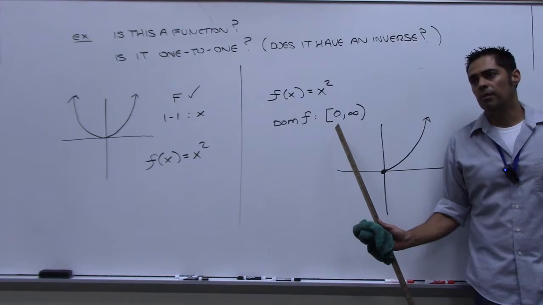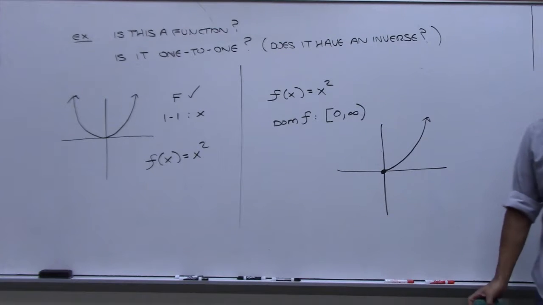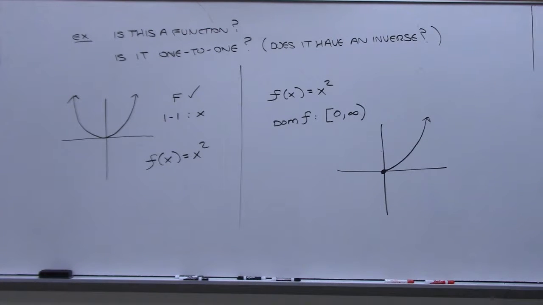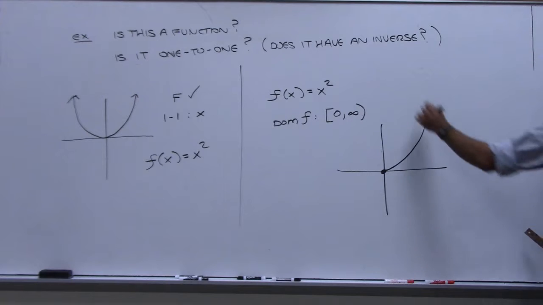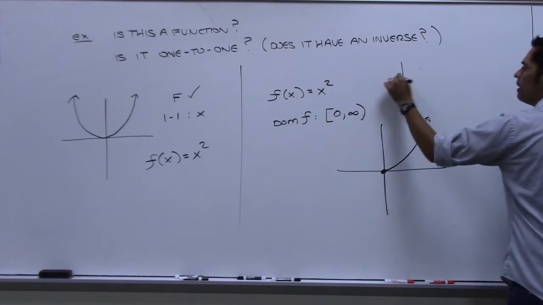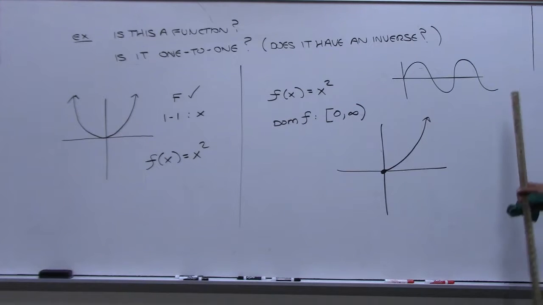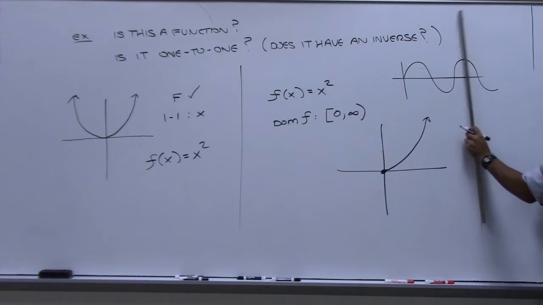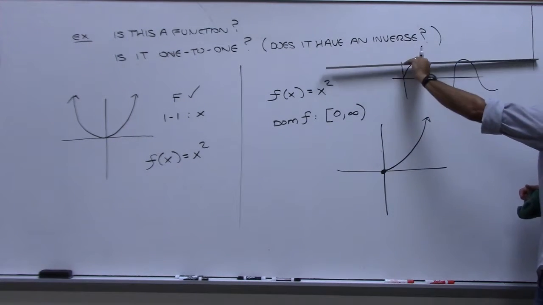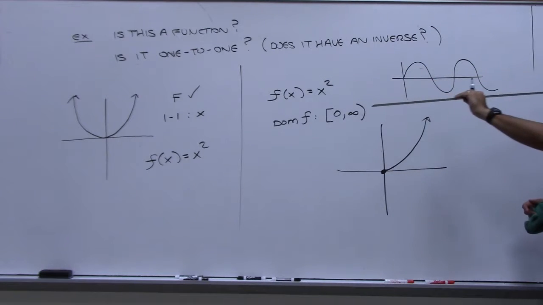All right? That's going to come up in pre-cal. And I know some of you have already seen the sine and cosine functions in high school perhaps. This is beyond this class, but in pre-cal you study these sine waves. And these are all functions. A sine wave is a function, but it fails to have an inverse because it fails the horizontal line test.